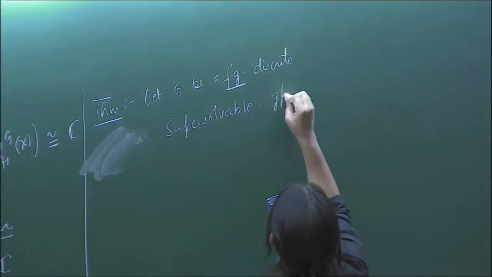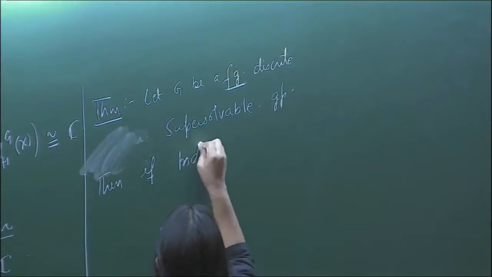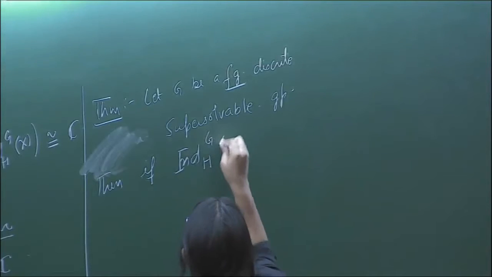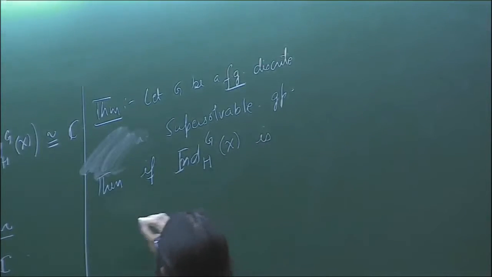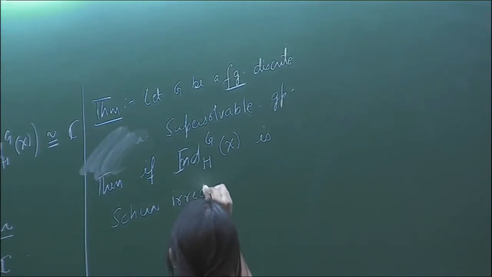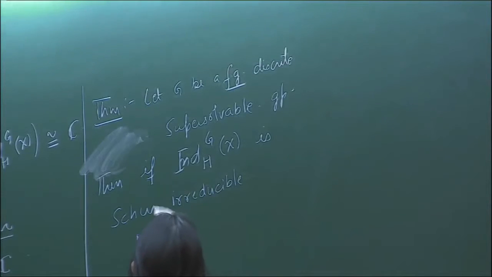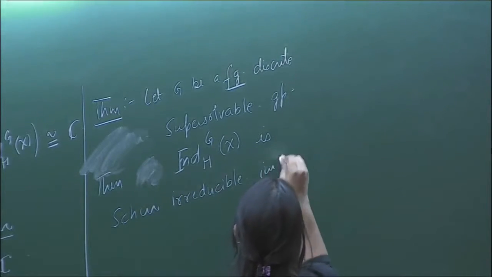Discrete supersolvable group. Then, if this is Schur irreducible, then this is irreducible.